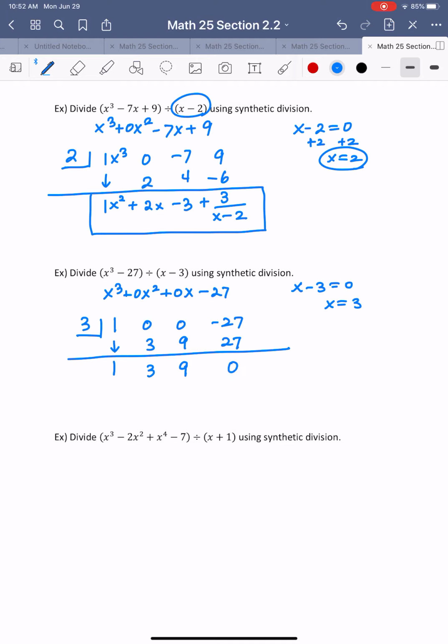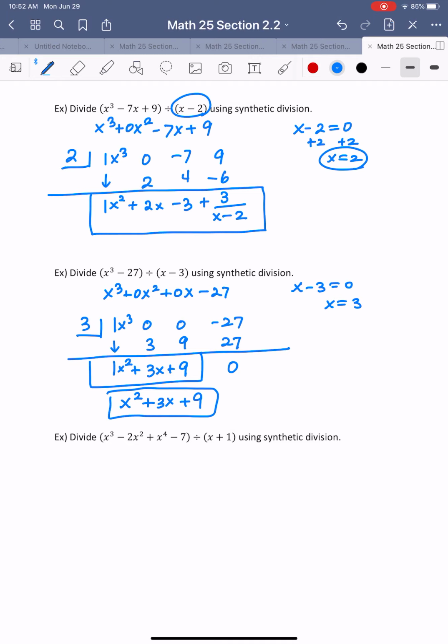But this is the remainder, it's 0. So the good thing is, since it's x cubed, this is x squared plus 3x plus 9. That's all. So that's the factors. You don't have to put the 1 in front of x squared, okay?